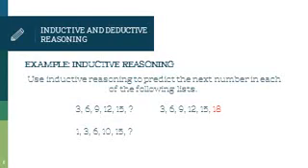Next, 1, 3, 6, 10, 15. Okay. So, how can you make a conclusion, or how can you predict the next element? So, 3 minus 1 is 2. 6 minus 3 is 3. 10 minus 6 is 4. Then 15 minus 10 is 5.